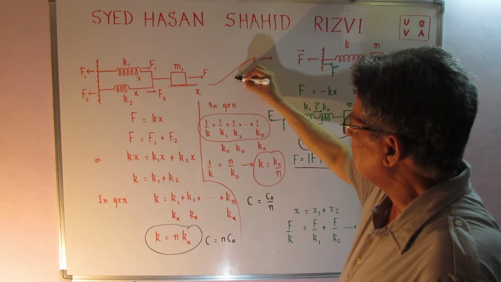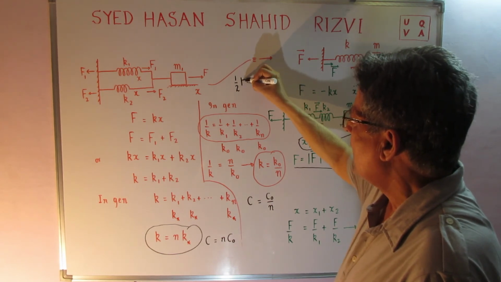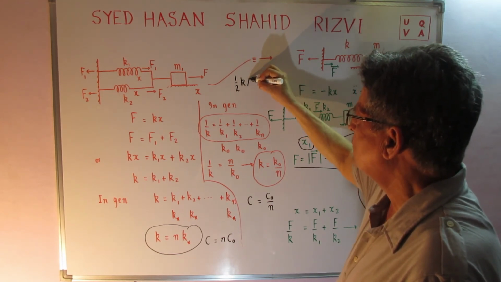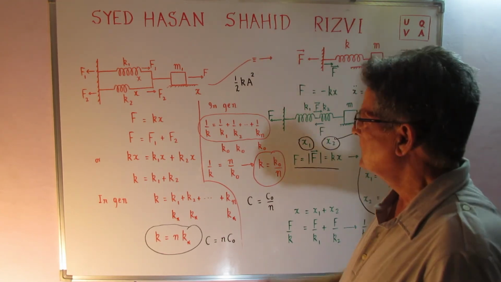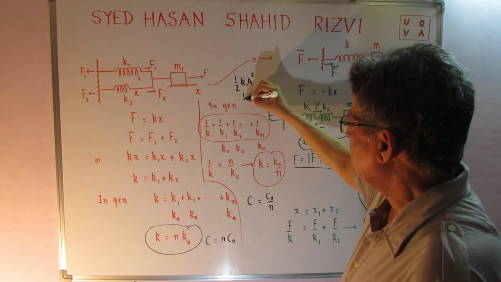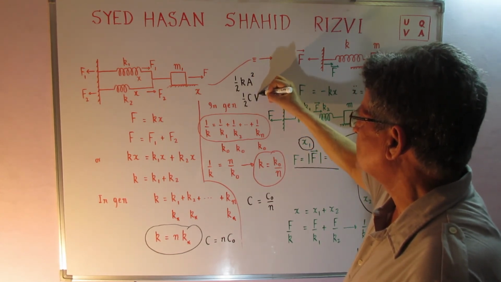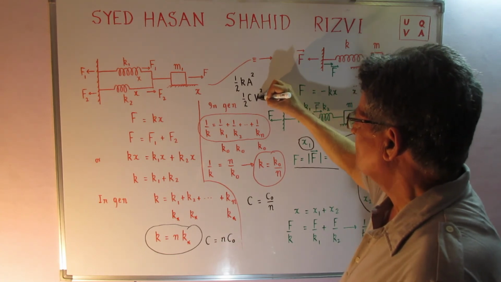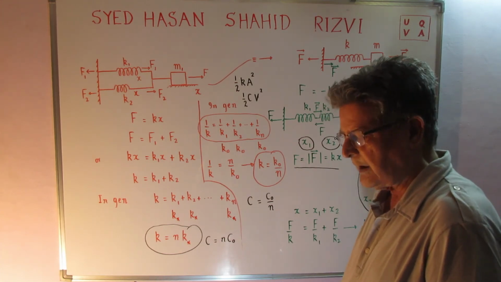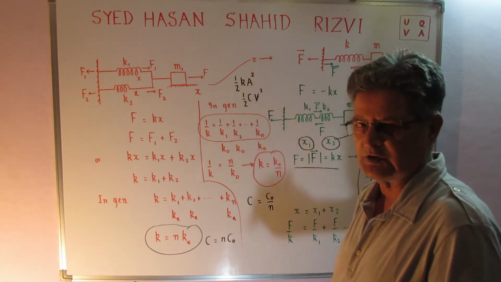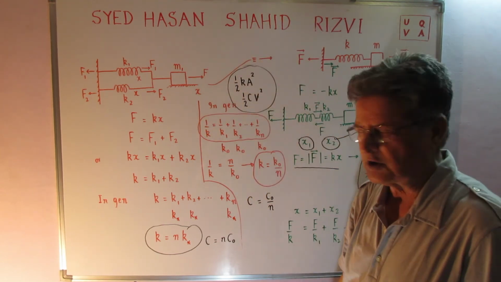Because the energy stored in a spring is equal to half k x square, and the energy stored in a capacitor is half C V square, where V is the voltage. Both of them are energy storage devices, so their treatment has to be similar, akin to each other.